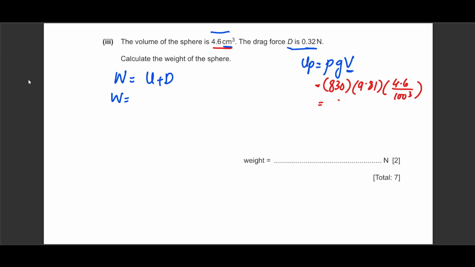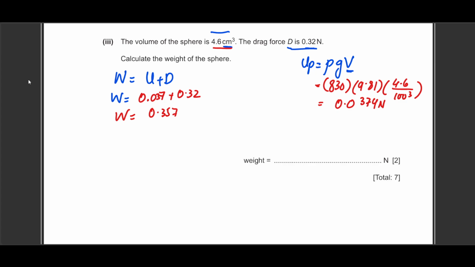The upthrust comes out as 0.0374 newtons. Now, 0.037 plus drag, which is 0.32. This comes out as 0.357, and to two significant figures, this becomes 0.36 newtons for the weight.